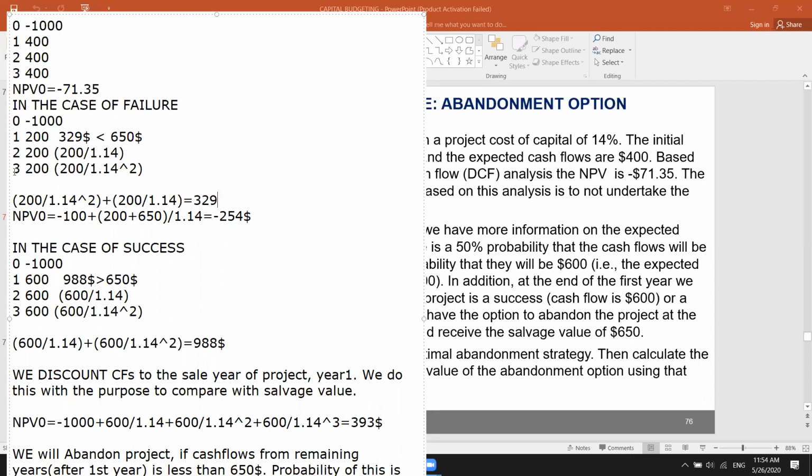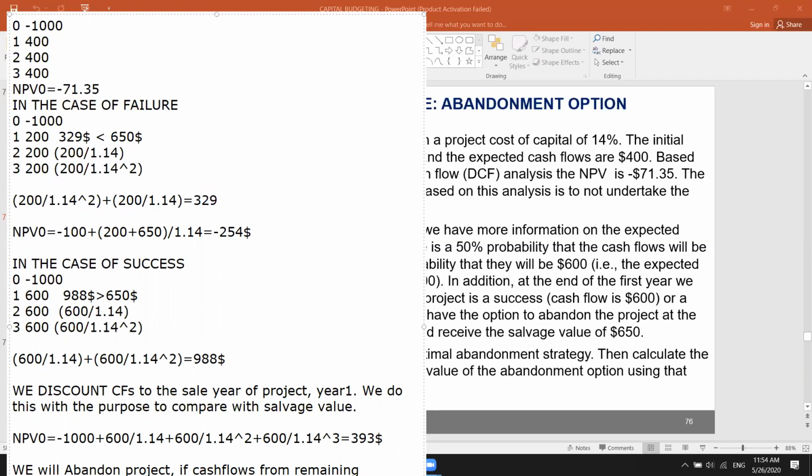So we're bringing to year 1. We bring to year 1 to compare with the salvage value. Is that clear? Did I answer your question? Yes, thank you.